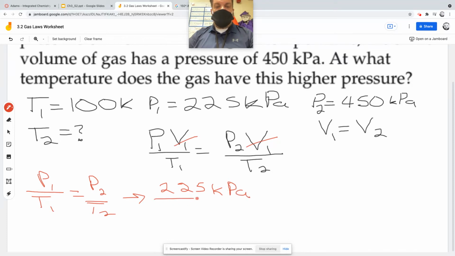So my P1 over my T1, which is 100 Kelvin, is equal to P2, which is 450 kilopascals, all over T2, right?